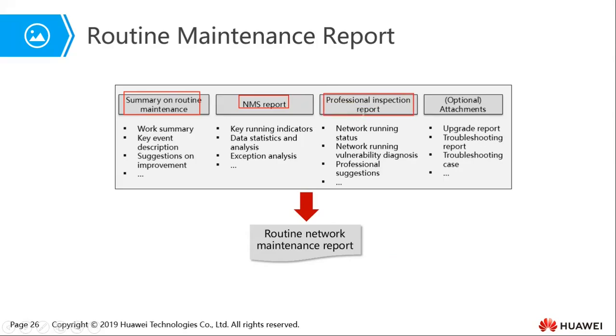Sometimes you might have to check the network running status, network vulnerability diagnosis, professional suggestions. So you might call a consultant to come and evaluate your network and suggest improvements. So that might happen. And you might have attachments, for example, the upgrade report, troubleshooting report, etc. So the whole of that really forms the routine network maintenance report.